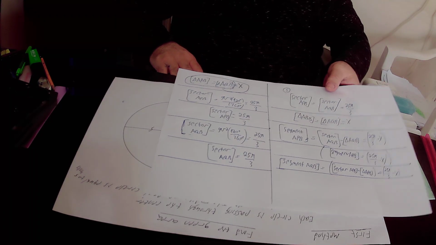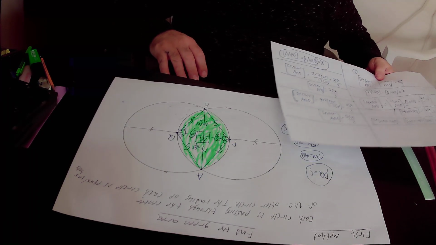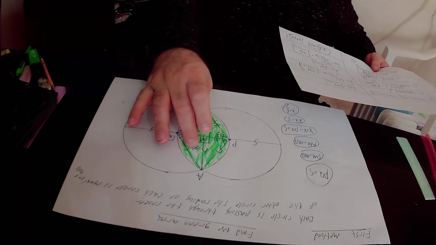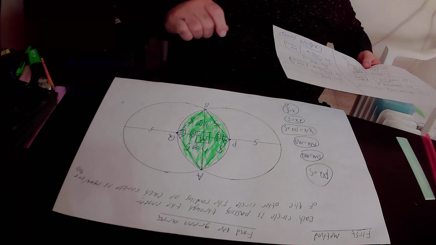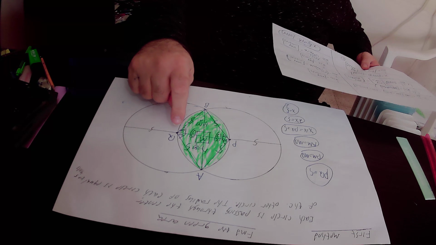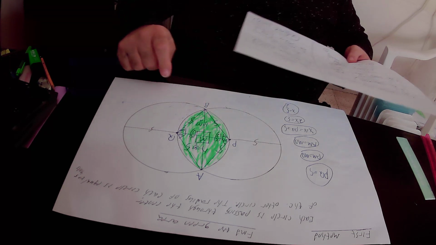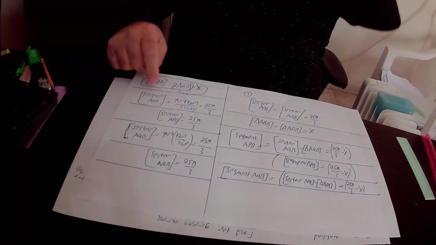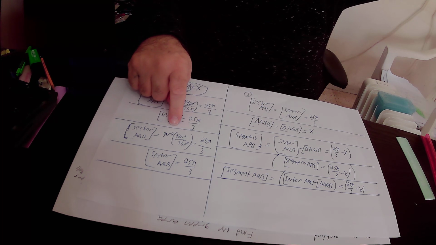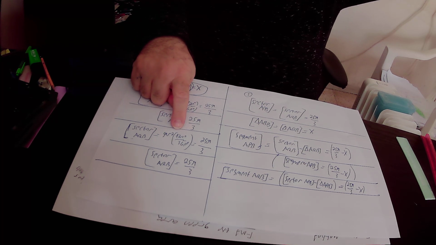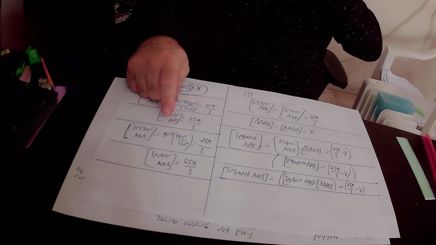Likewise, we calculated the area of sector AQB. The area of sector AQB will be equal to pi r squared times 120 degrees over 360 degrees.